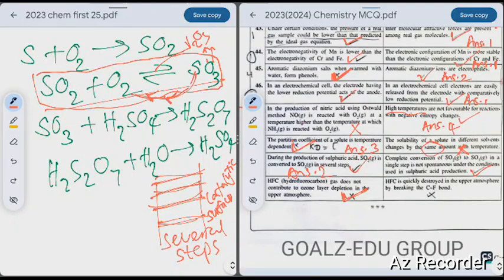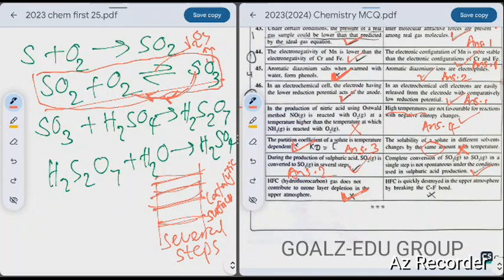Because HFC does not form chlorine radicals, therefore it does not contribute to the ozone layer depletion. That's why HFC doesn't contribute to ozone layer depletion.